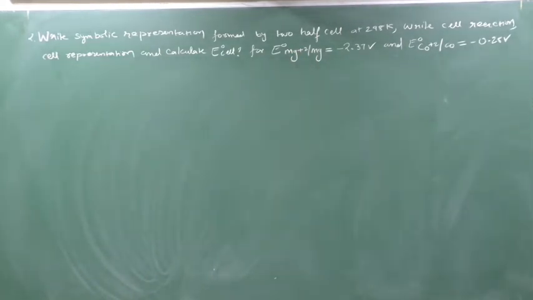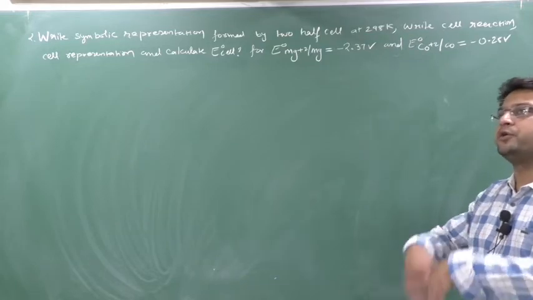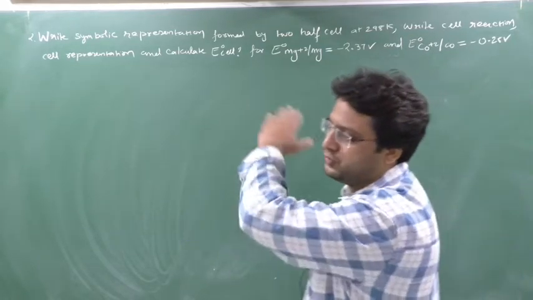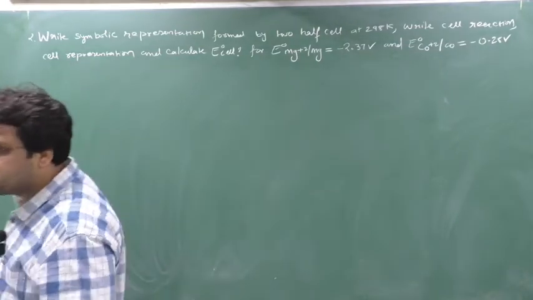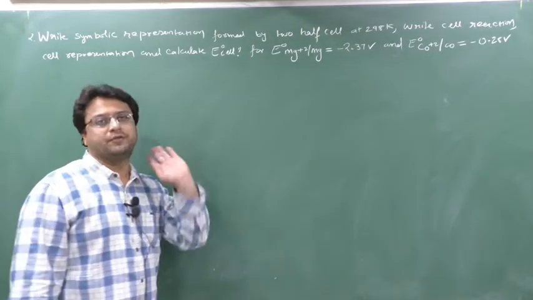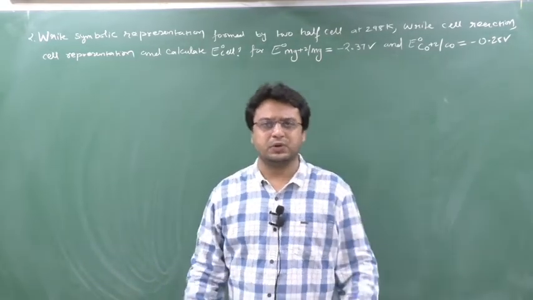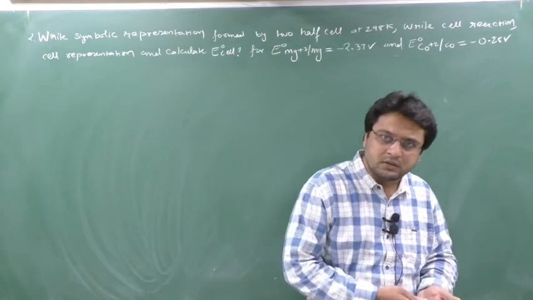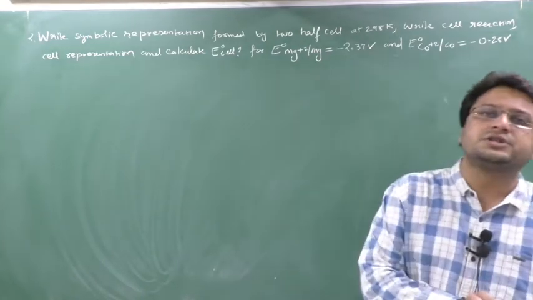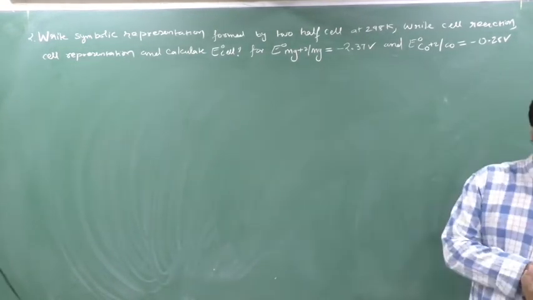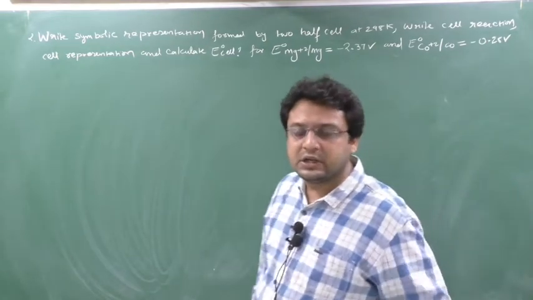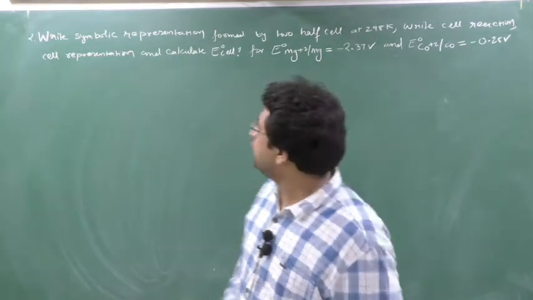First we will see who will act as anode and who will act as cathode. The shortcut trick I told you: lesser value anode, oxidation, loss of electron; more value cathode, reduction, gain of electron. Again and again you repeat, one day it will be in your mouth. Now who is the lesser value?